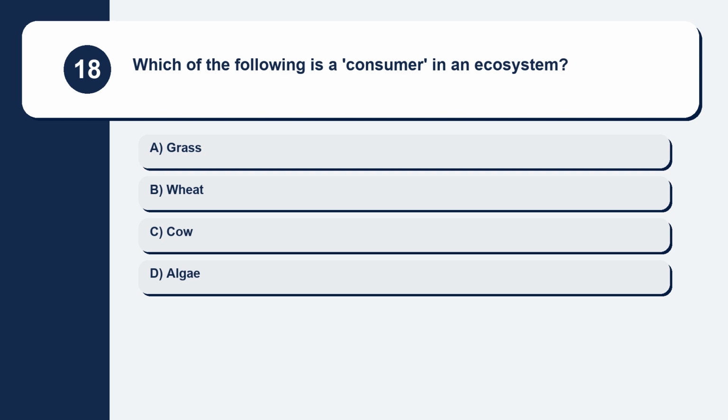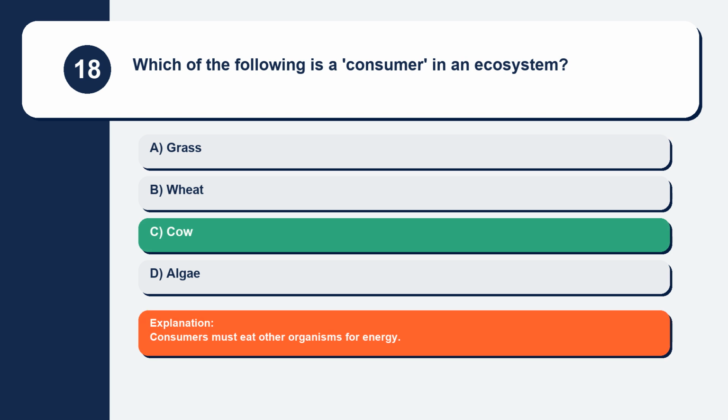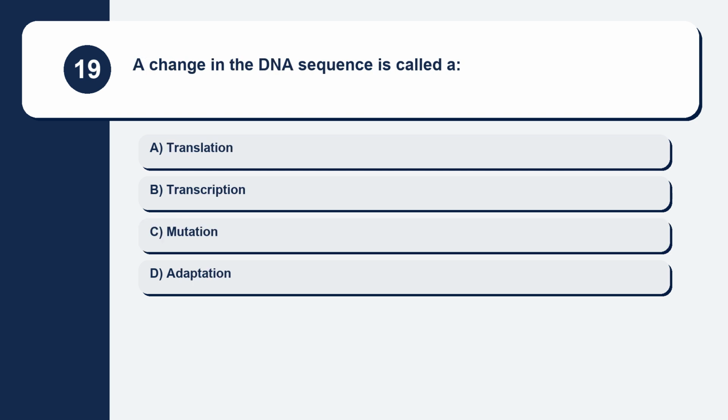Question 18. Which of the following is a consumer in an ecosystem? Grass, wheat, cow, algae. Consumers must eat other organisms for energy. Question 19. A change in the DNA sequence is called a translation, transcription, mutation, adaptation.